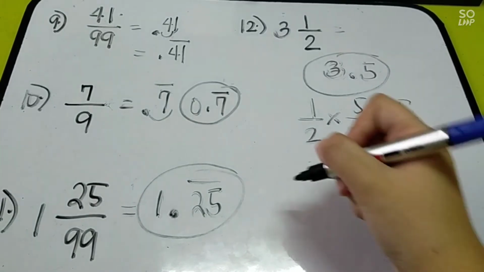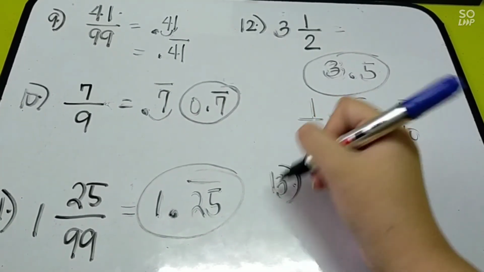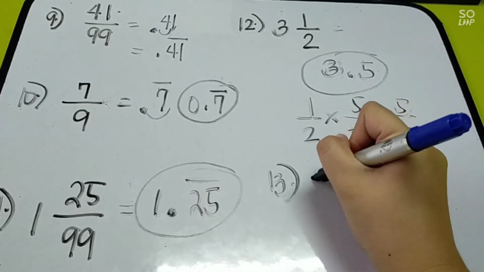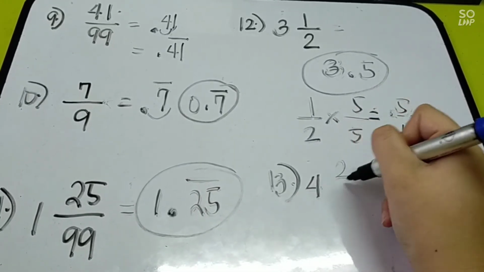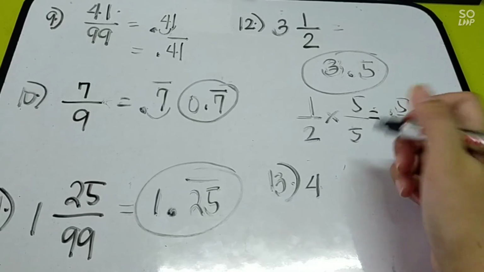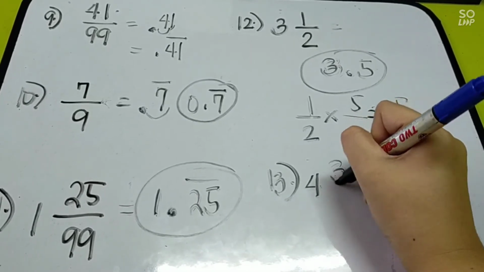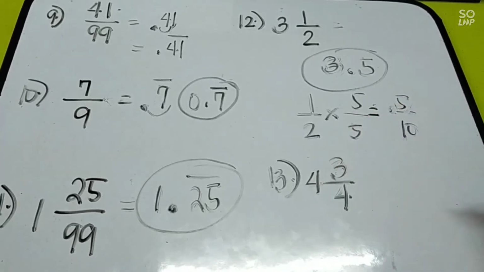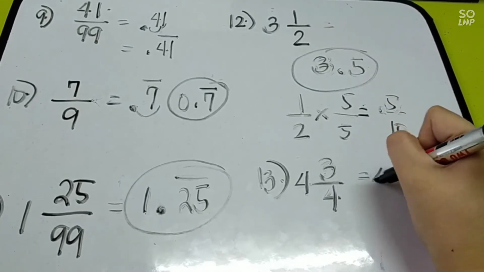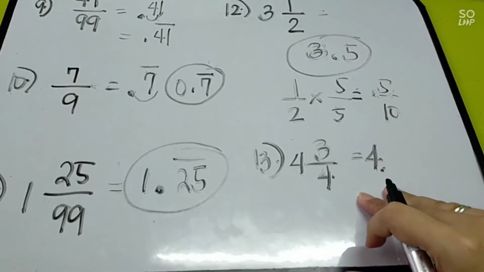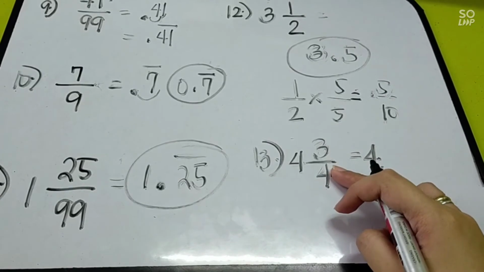Is it clear? So, isa pa nga. For example, I have here 4 and 3/4. Ayan. So, you have here a whole number, 4 point. So, si 3/4 is terminating.